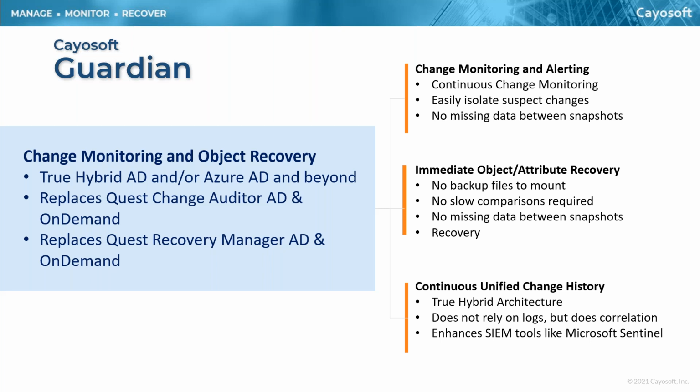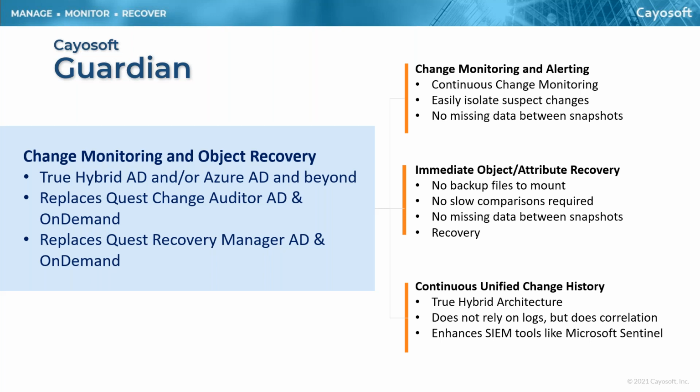And the best part is because it's not a file-based or snapshot-based change history log or change history database, you don't have to do things like comparison. You don't have to worry about a change being made after the last backup and then being reversed, and so there's no record of the change, right?